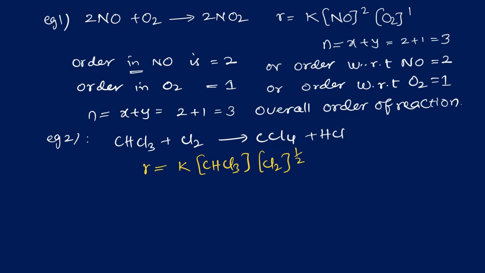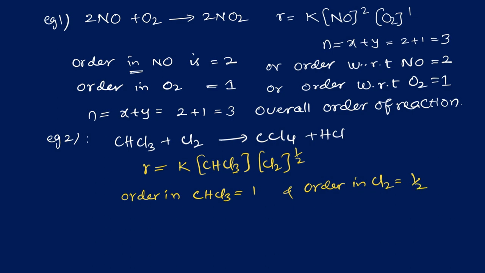So this can be explained as order in chloroform is 1 and order in chlorine is equal to half.